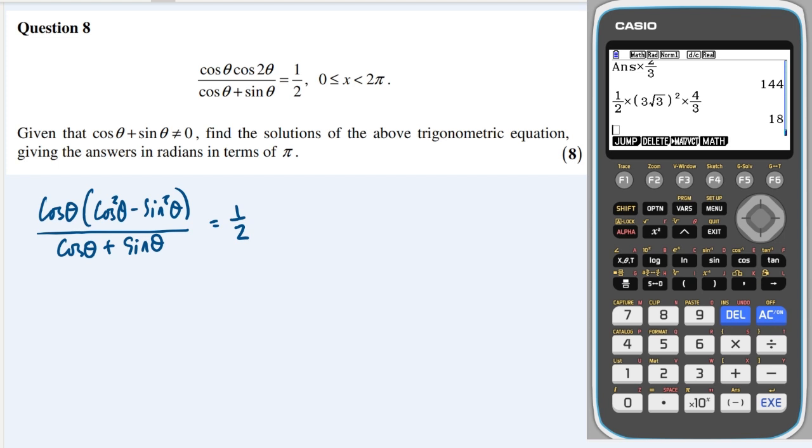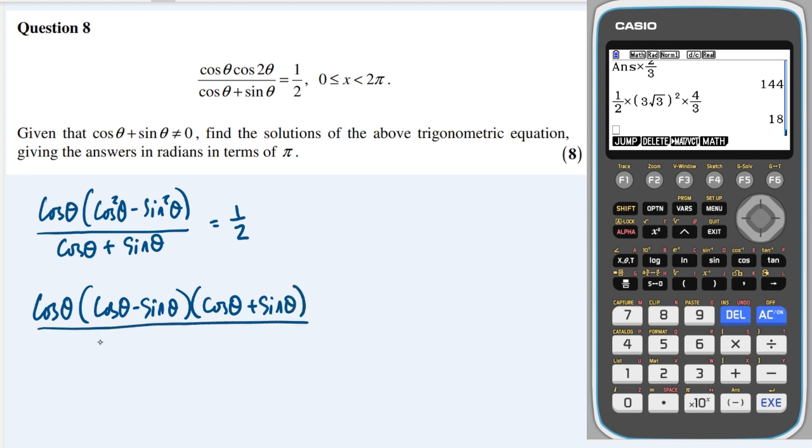But cos squared minus sine squared is the difference of two squares. So I can write that as cos theta minus sine theta and cos theta plus sine theta, all over cos theta plus sine theta, and that equals 1/2.